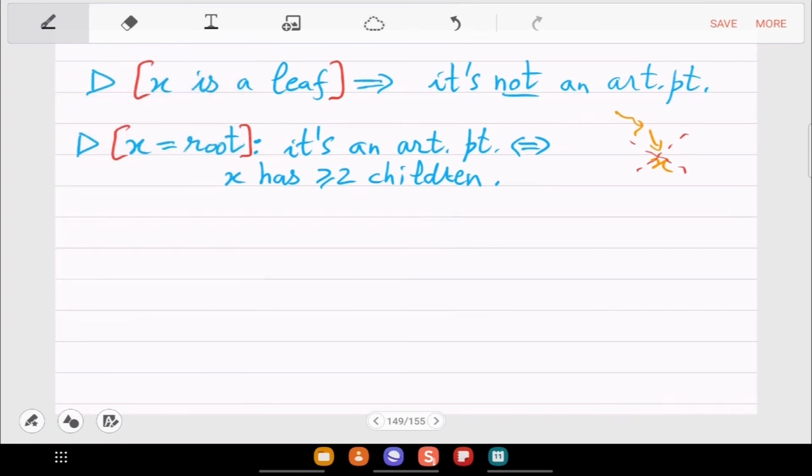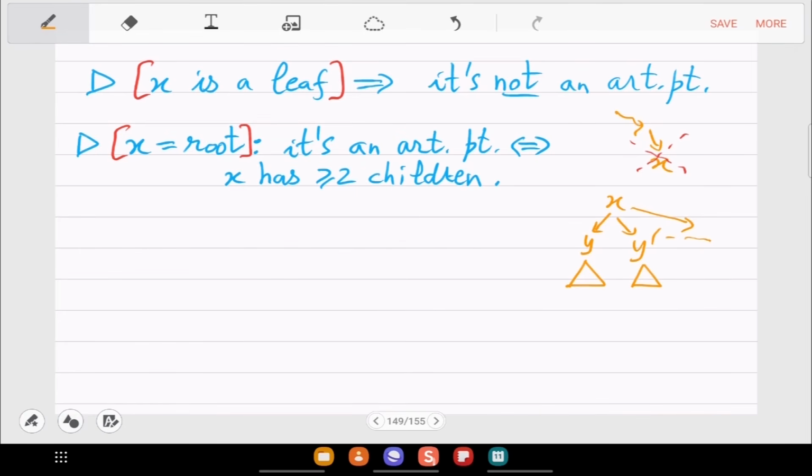But if X has greater than or equal to 2 children, it need not be an articulation point. No. So look at the picture. X is the root and you have Y and Y prime here and subtrees and maybe more here. But what happens when you delete X? Are you assured that Y and Y prime are then not connected? How will they be connected? This is the DFS tree.